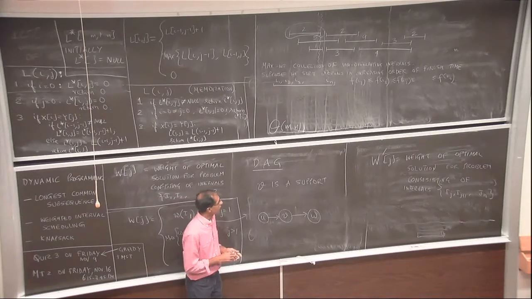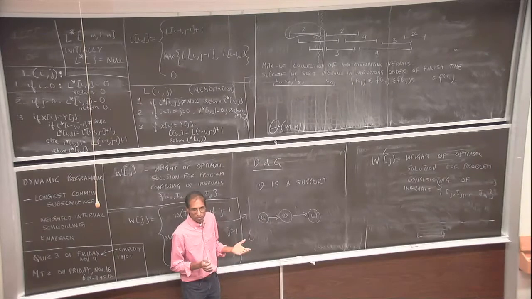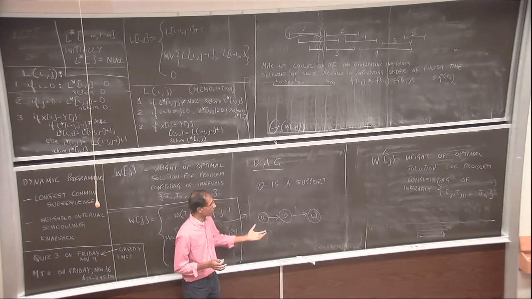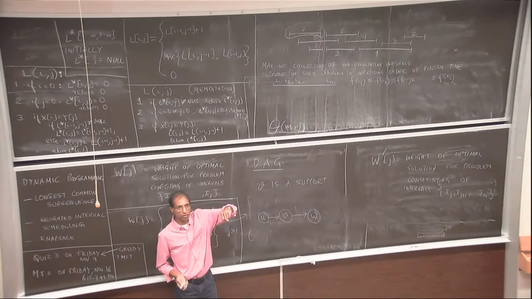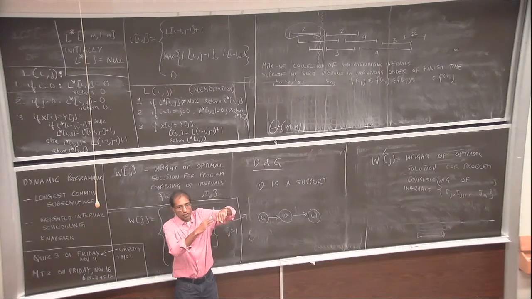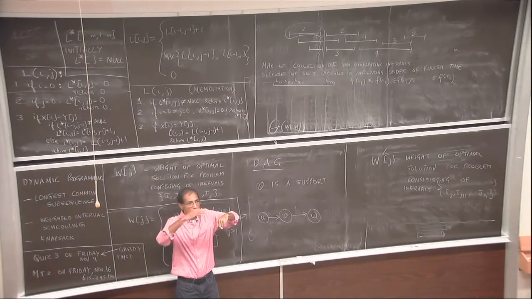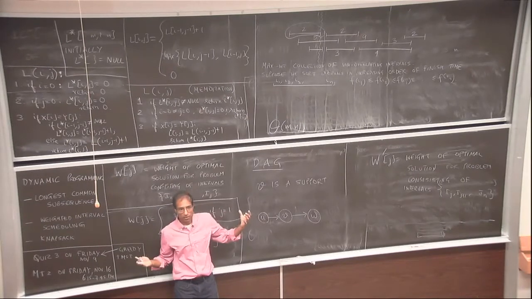And one way to do it is certainly to check for every vertex whether it's a support. How can you check whether a vertex is a support? Well, you run a DFS or whatever you want from that vertex so that you figure out everything it reaches. You reverse the edges and you find out everything that can reach it, and you check to see whether it includes all the vertices.